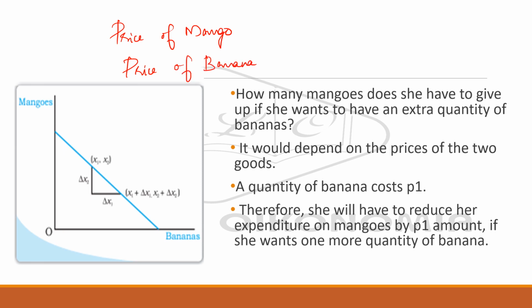Okay, so let's consider that a single banana is costing something called P1. P1 is the price of a banana.